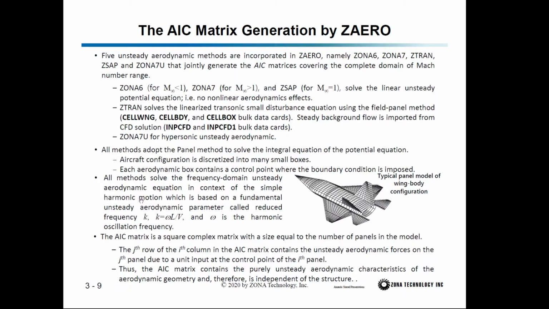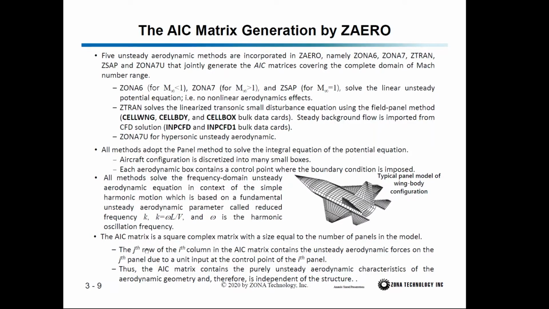All methods solve the frequency-domain unsteady aerodynamic equation in the context of simple harmonic motion, which is based on a fundamental unsteady aerodynamic parameter called reduced frequency, K. K equals omega times L divided by V, where omega is the harmonic oscillation frequency. The AIC matrix is a square complex matrix with a size equal to the number of panels in the model.